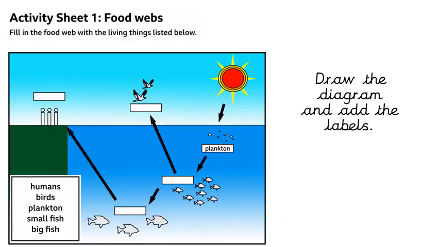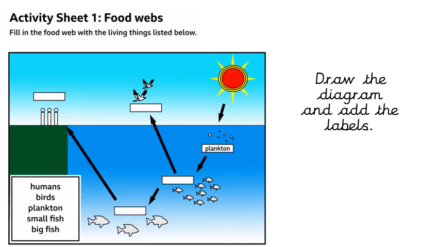So this is what you should have seen on the video clip that you watched. Activity sheet 1. So for this one, I want you to just draw your own version of this. Okay, so I want you to draw the sun in the sky, draw the sea and the land, and then draw the different fish and animals and humans and things, and then label it for that food chain.